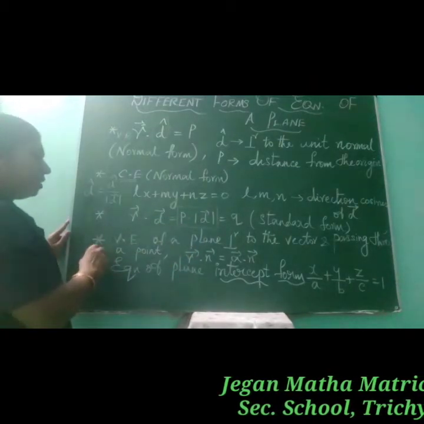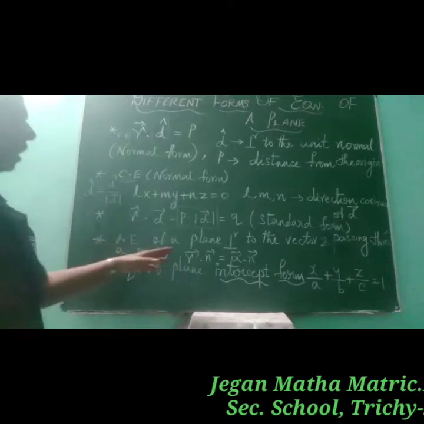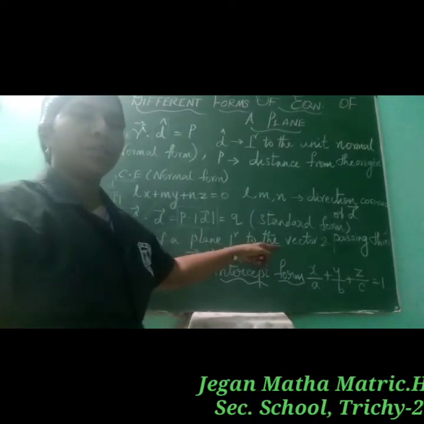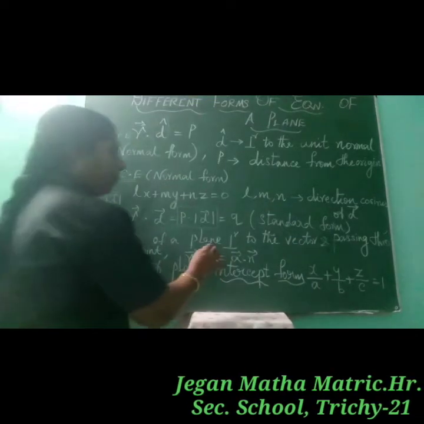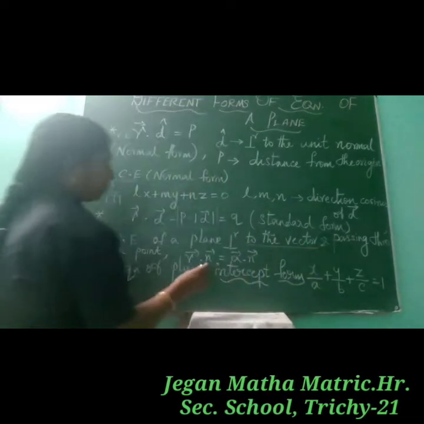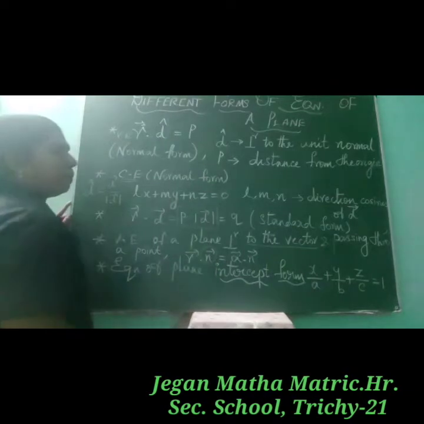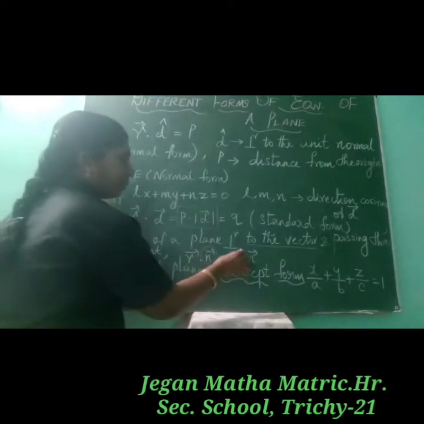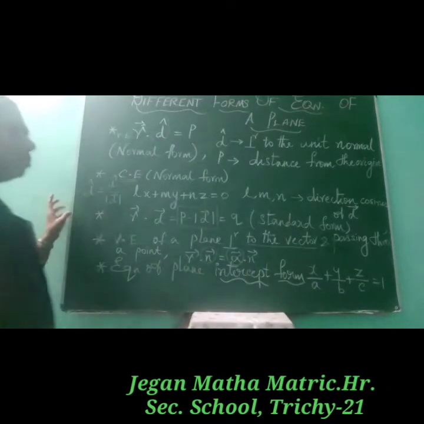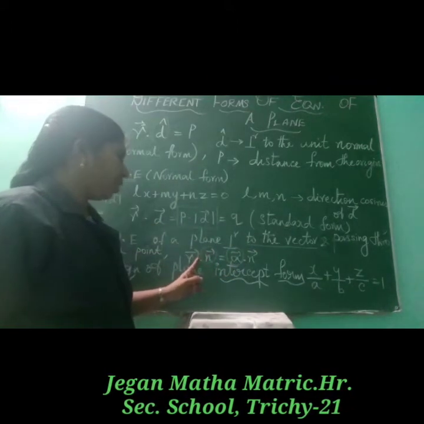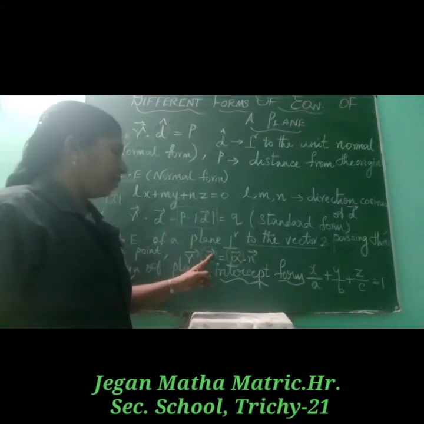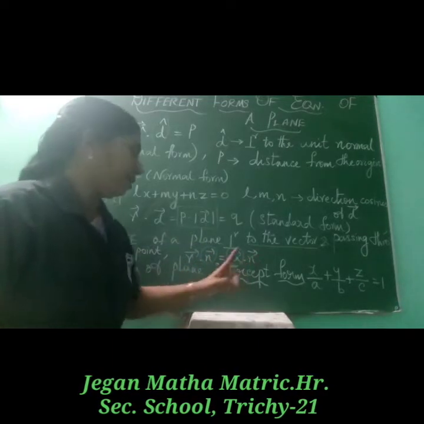Then the next one is the vector equation of a plane perpendicular to a vector and passing through one point. Perpendicular to the vector is represented by n vector, and passing through a point is represented by a vector. So, if the perpendicular vector and one point are given, it means r dot n equal to a dot n.